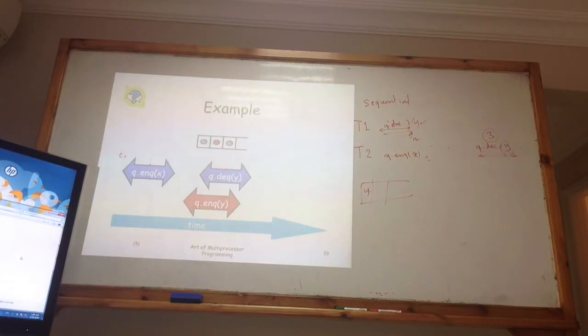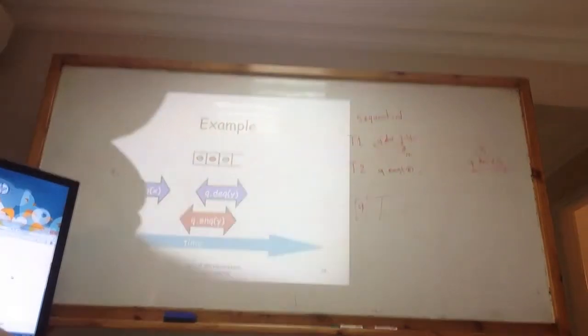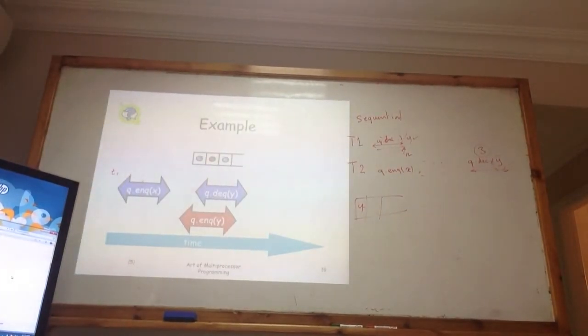Because at first we have to enqueue X, and then we have to enqueue Y, then dequeue Y. We have first to enqueue X before. So actually first you need to enqueue Y and then X and then dequeue Y. But the problem here is this period of time for linearization. Okay, so this is not linearizable.